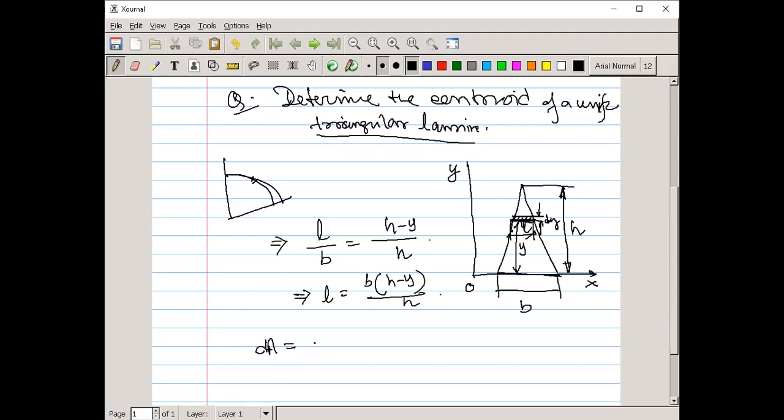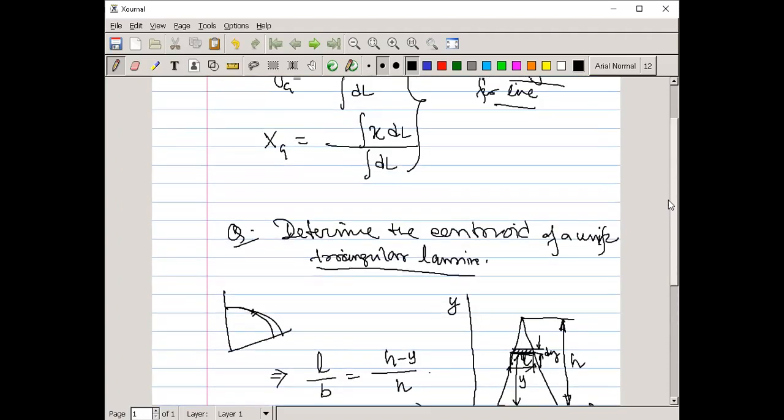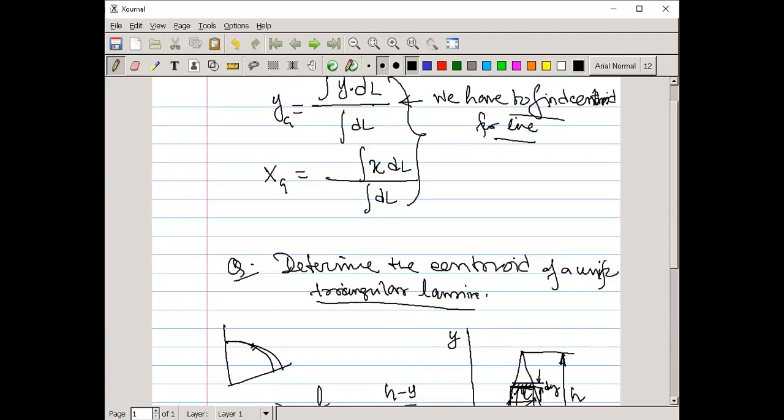So dA is nothing but l into dy, this small portion of area, and this is b times h minus y by h into dy. I already showed you that yg is integration of y dl by dl, but this is for the line case. So for the area case, which one?